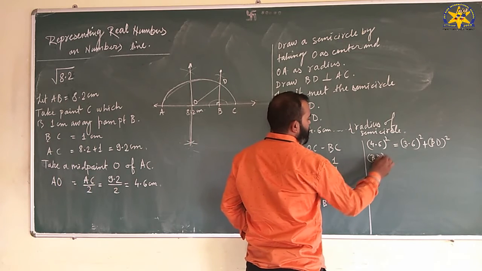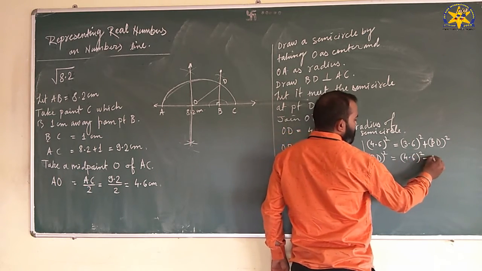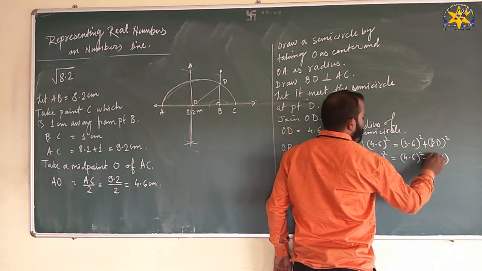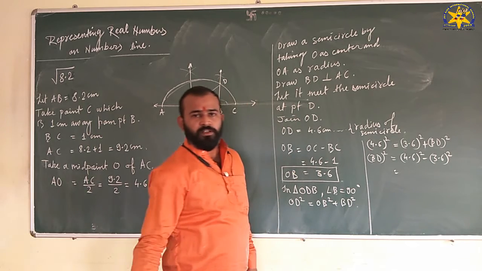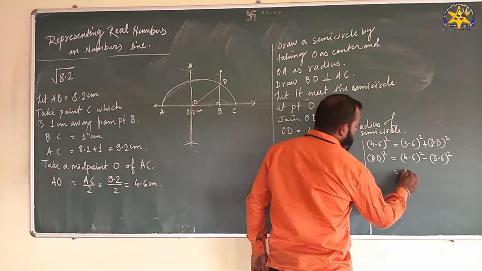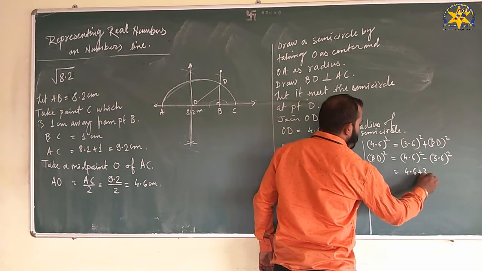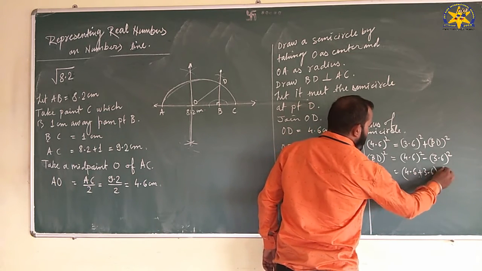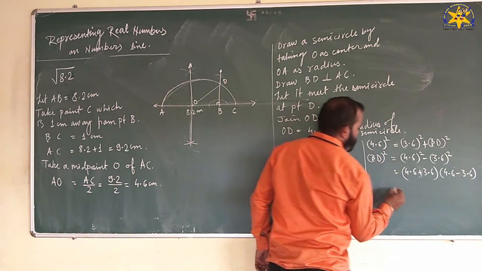Send 3.6 square to this side. BD square will be equal to 4.6 square minus 3.6 square. A square minus B square, you can write A plus B times A minus B. 4.6 plus 3.6 and 4.6 minus 3.6.